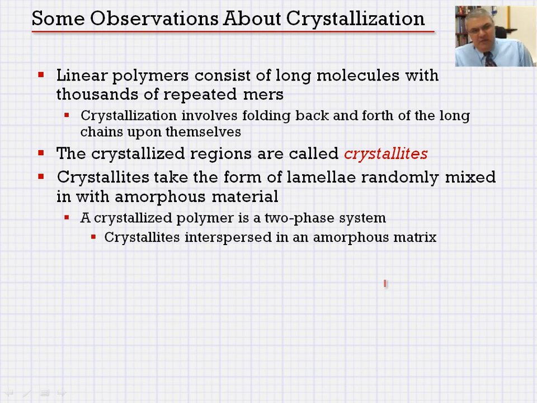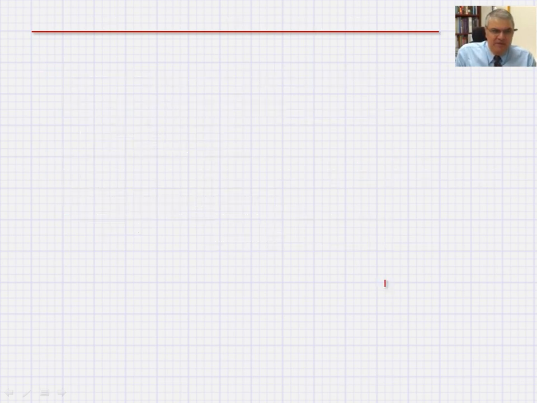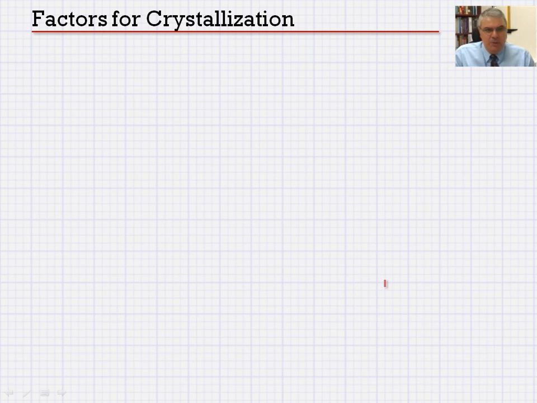The crystallized regions are called crystallites, and they take the form of regions randomly mixed in amorphous material. A crystallized polymer is a two-phase system. It's really important to realize that.